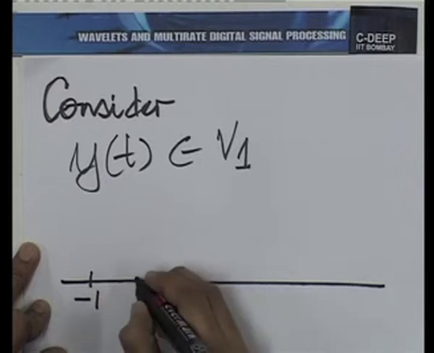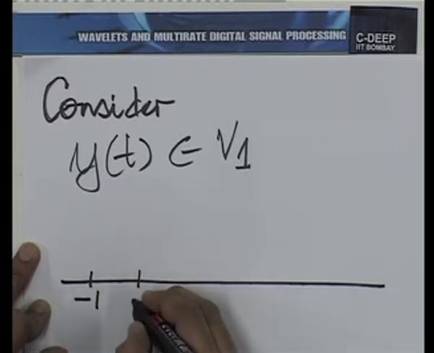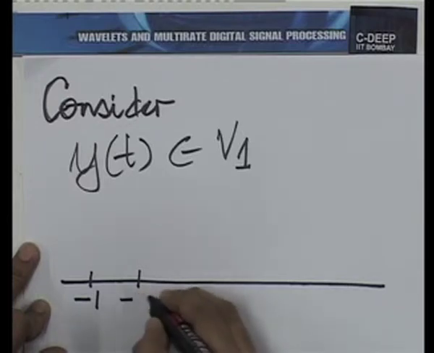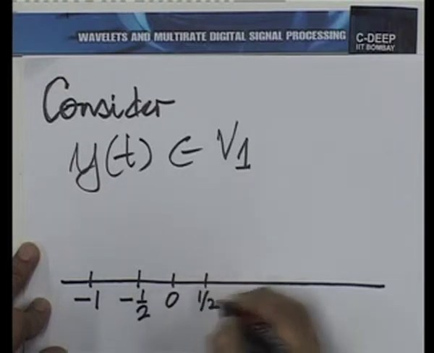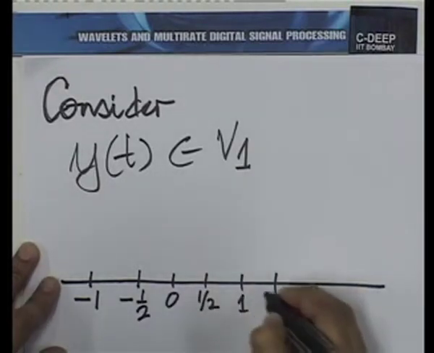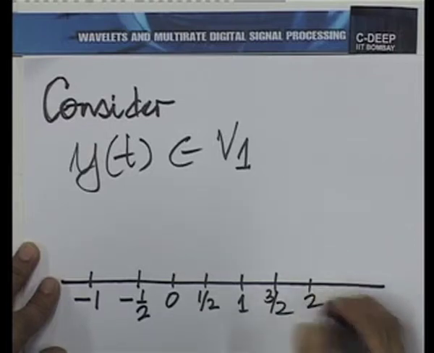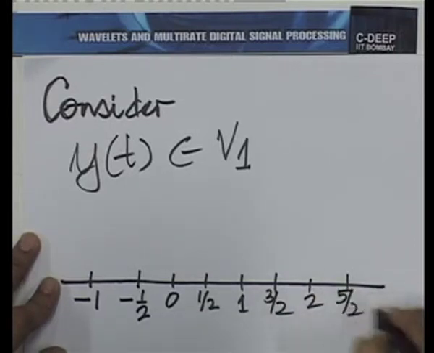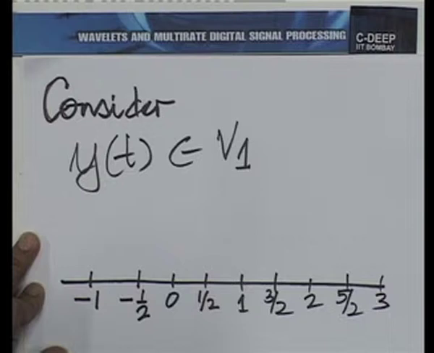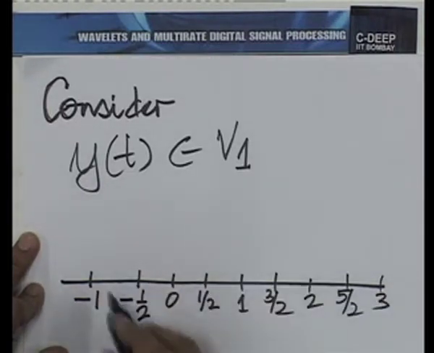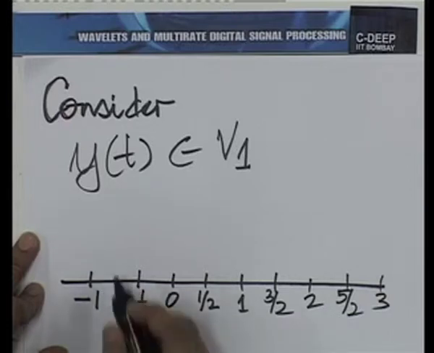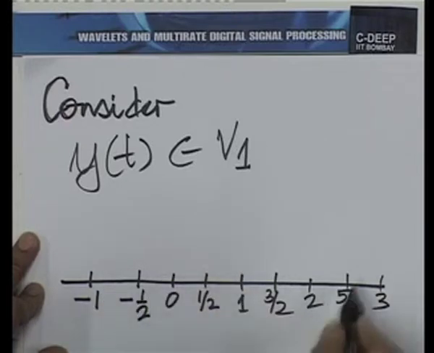So, let us take a function from -1 to let us say 3. So, -1, minus half, 0, half, 1, 3 by 2, 2, 5 by 2 and 3. I will not sketch, I will just write down the piecewise constant values in each of these intervals.